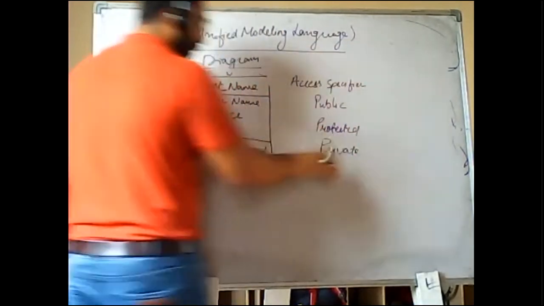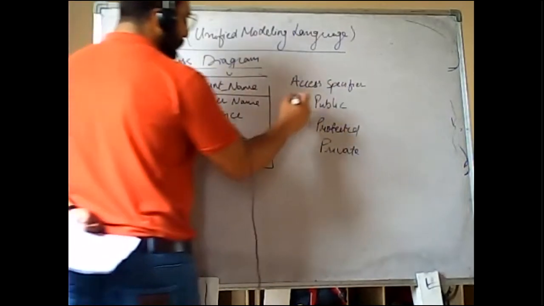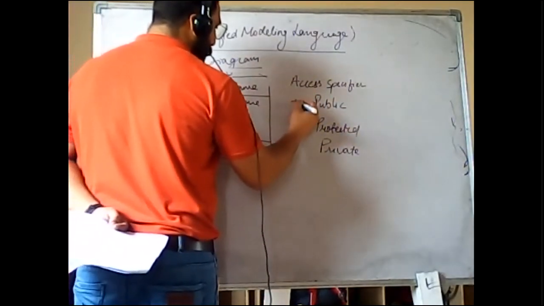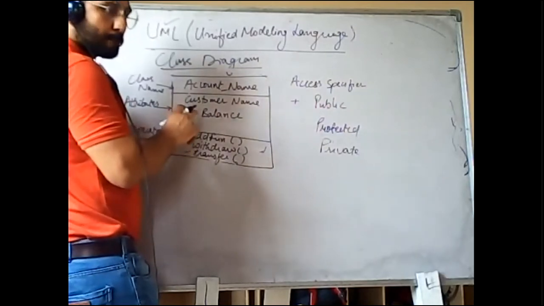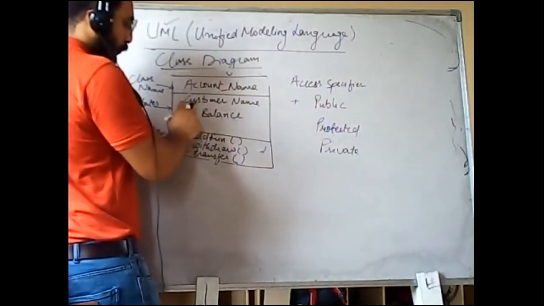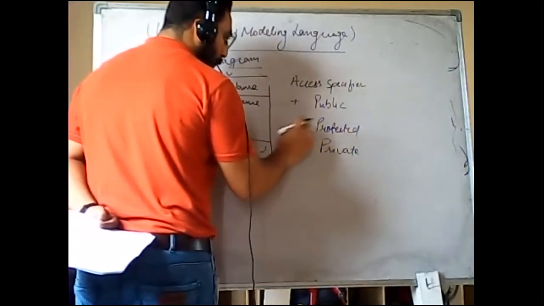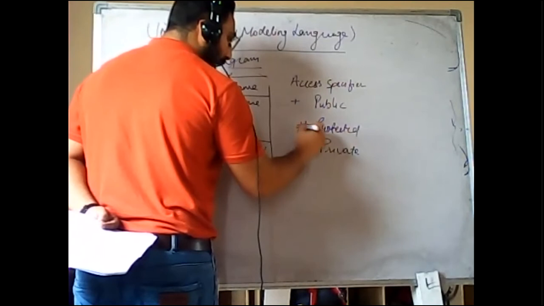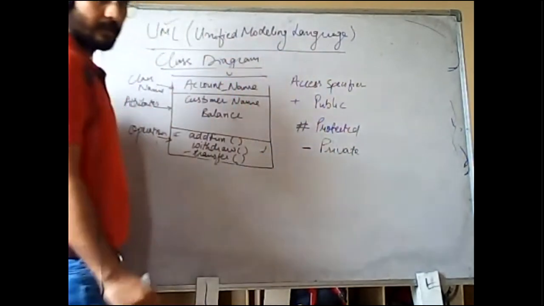And for these types of data members, we will use different symbols. If it is public, we will use a plus sign before our attribute name. Protected is noted as hash. If it is private, it is noted as minus.